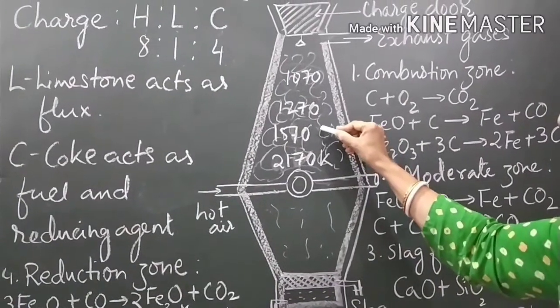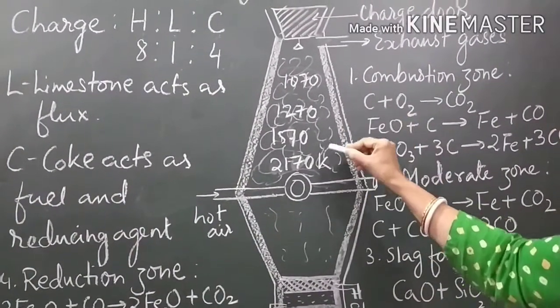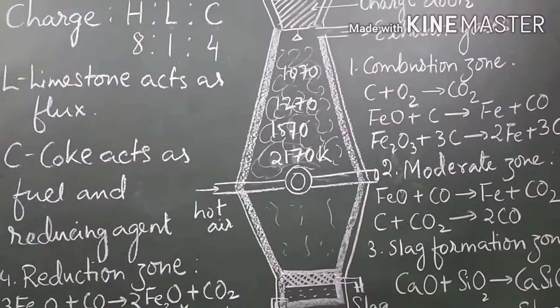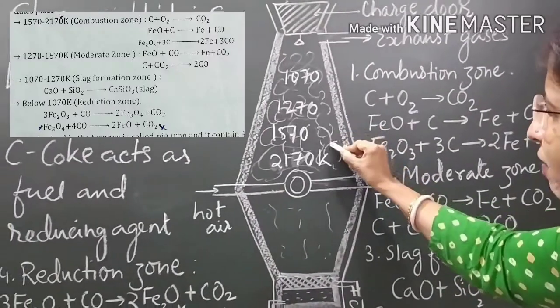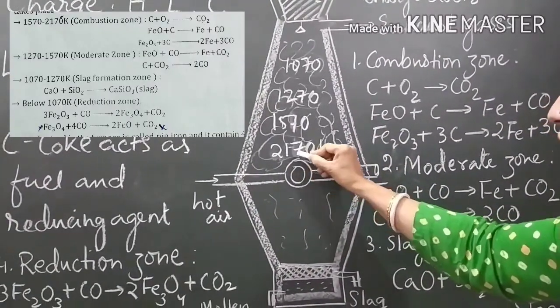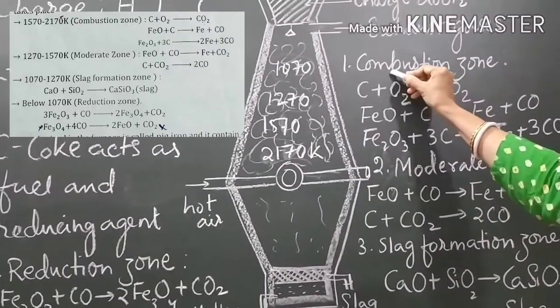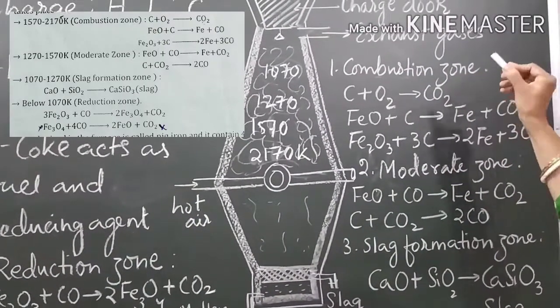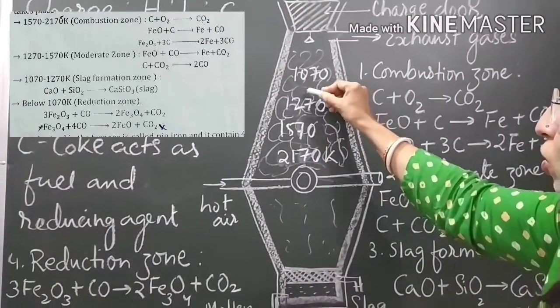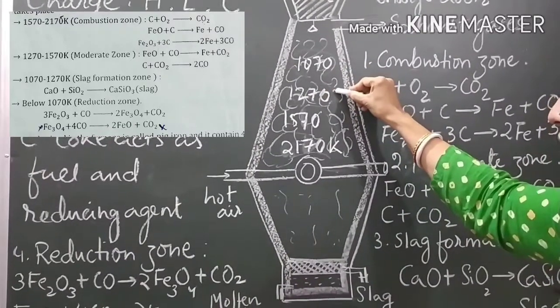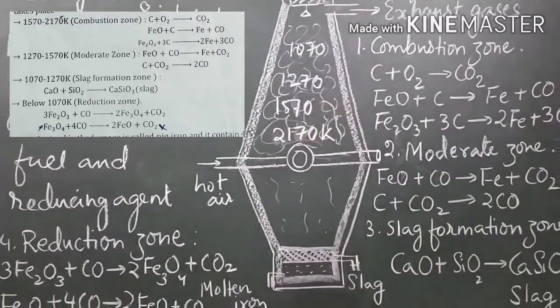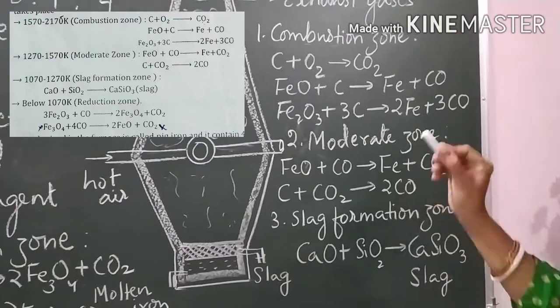And it is creating some reaction zones, and these reaction zones are named as follows. From 1570 to 2170 Kelvin, it is called as combustion zone. Then from 1270 to 1570 is called as moderate zone.